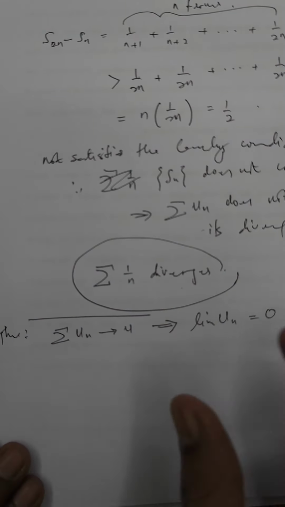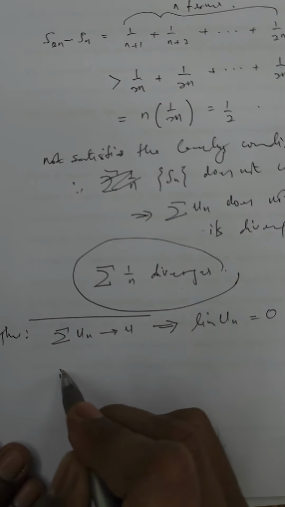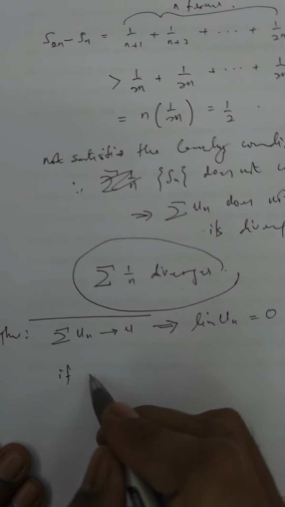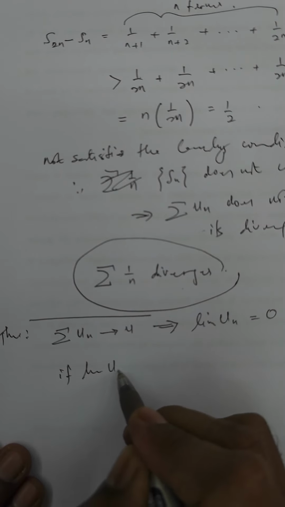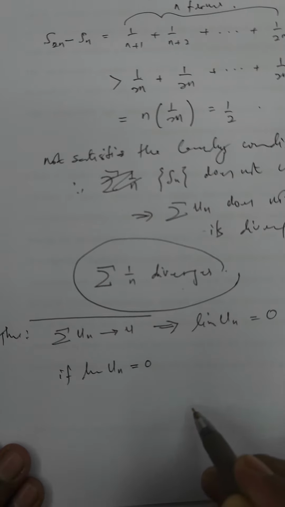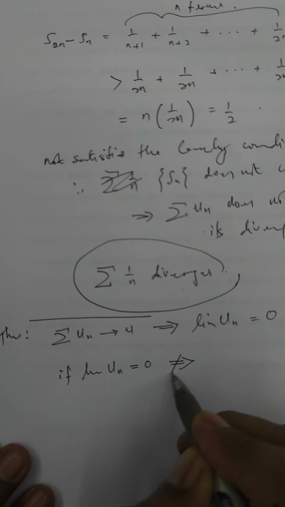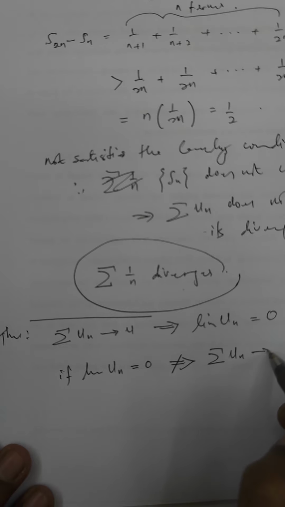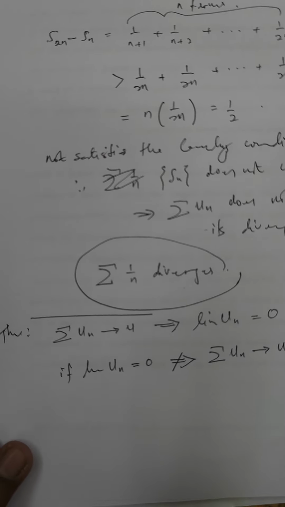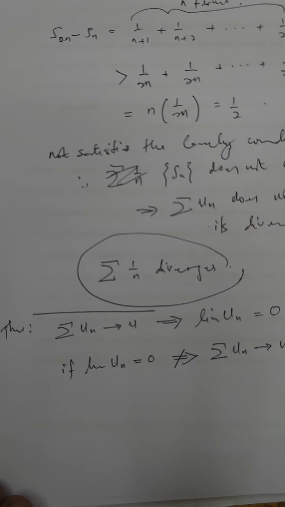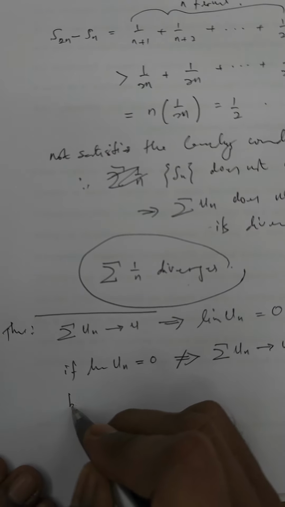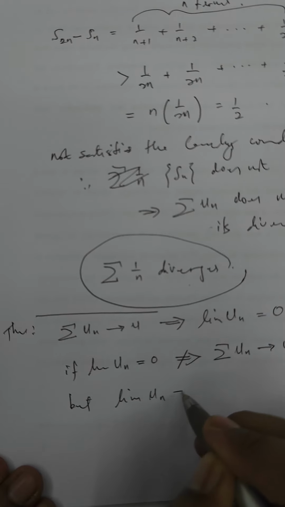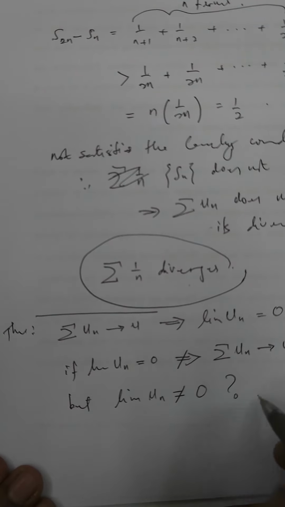And if the limit of un is 0, it's not necessarily true that the series converges to some number. But what happens if the limit of un is different than 0?